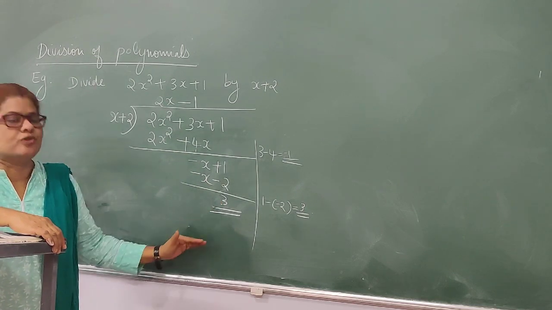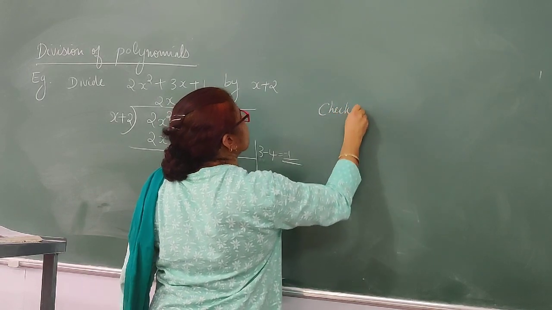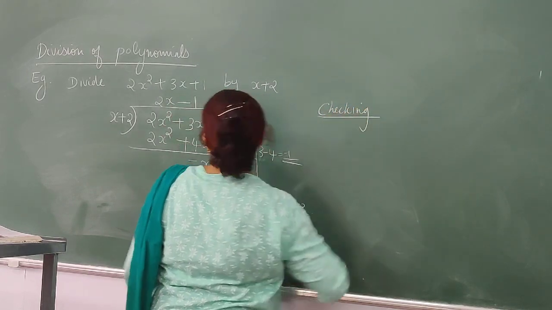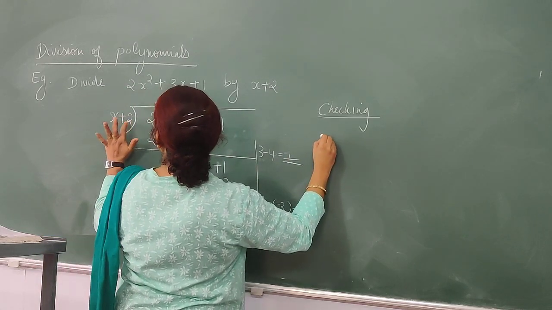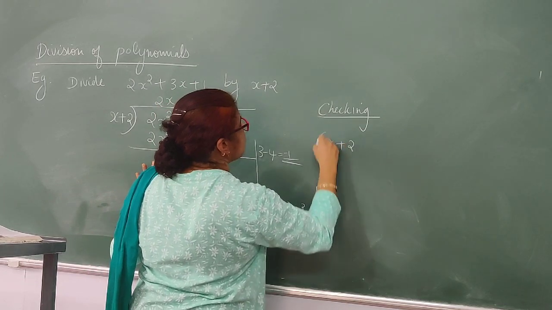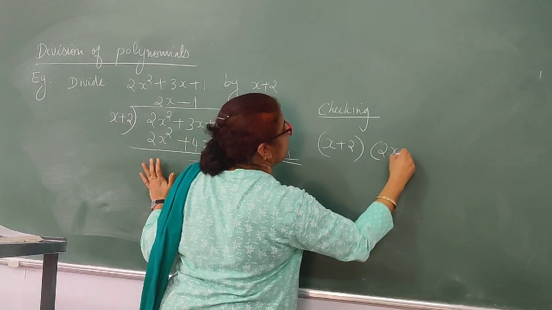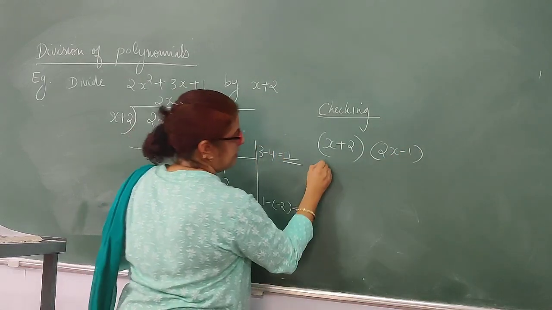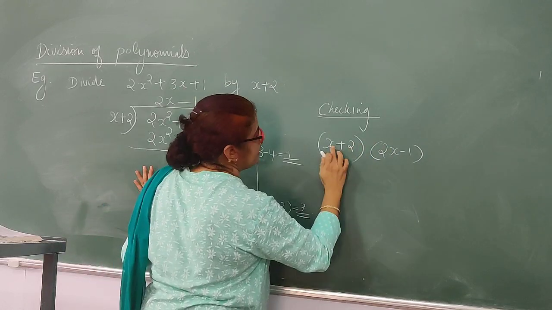Let's check here also. Checking: the divisor is x plus 2 here. Divisor into quotient. Let's multiply this and check what we get.